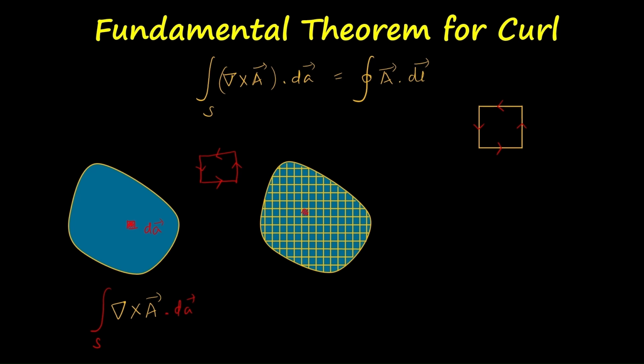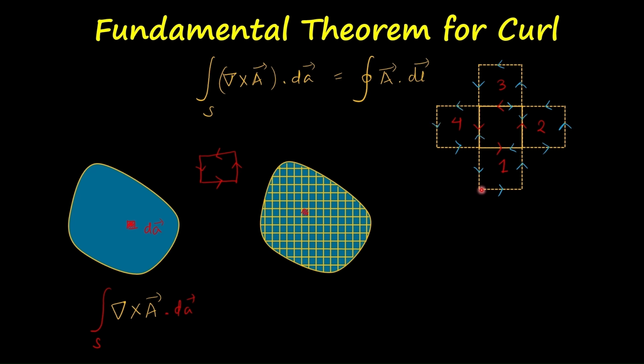Now this area element is surrounded by 4 other area elements. I'll call them 1, 2, 3 and 4. Let us draw the circulation of the vector A. In 1 it is circulating in a counterclockwise direction like this. In 2, in 3, and similarly in 4, it is circulating in a counterclockwise direction.